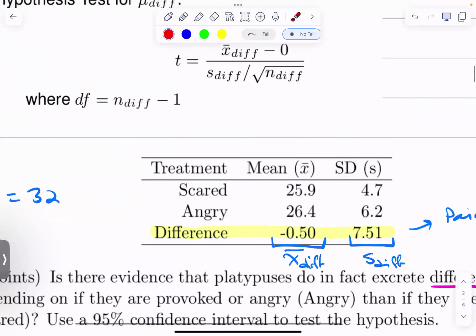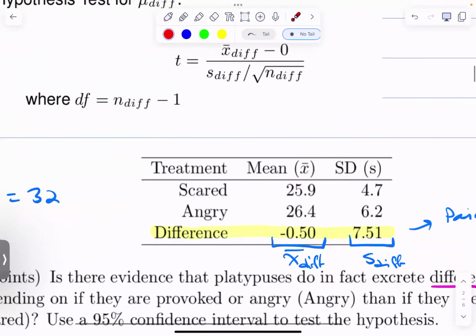So t in this case is -0.50 minus 0 divided by 7.51 divided by the root of 32. I am pretty sure, let me confirm. What's nice is for means, for numerical data, the standard errors are the same for a confidence interval as a hypothesis test, which is not the case for proportions.